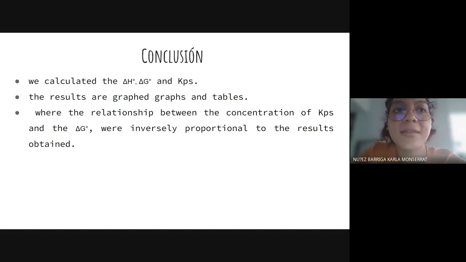And as a final goal, we were able to perform all the stages of this experiment while implementing our knowledge from the various subjects that supported us, such as physical chemistry, experimental design, analytical chemistry, and English. And in each aspect of the experiment, we applied them as they were required.